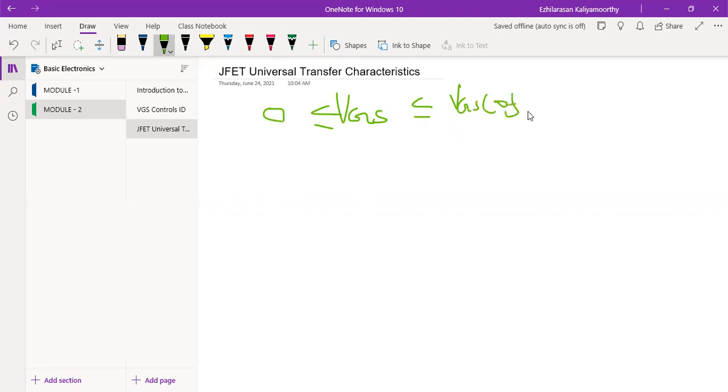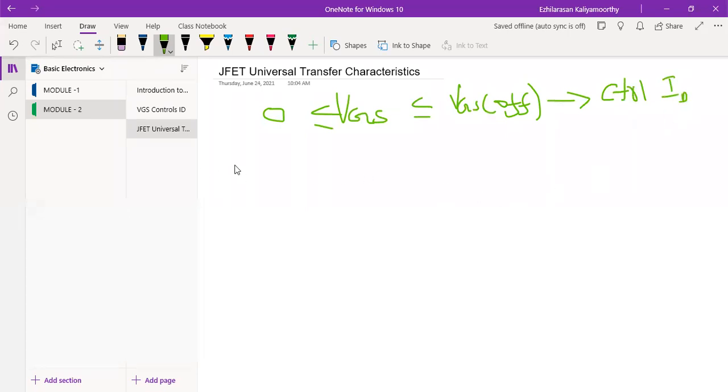You should know the VGS(off) is nothing but the maximum voltage. That will control the amount of current. This controls the ID, we can say.